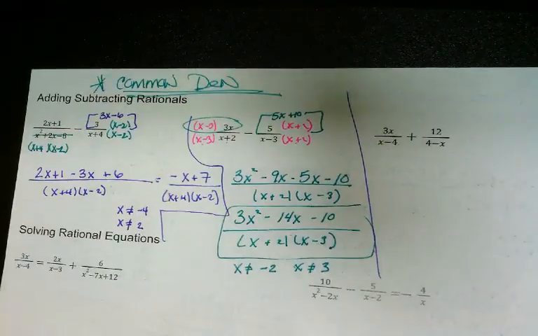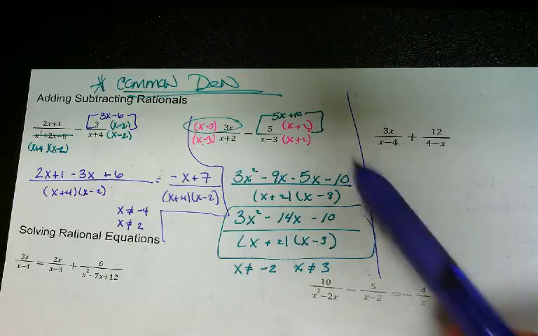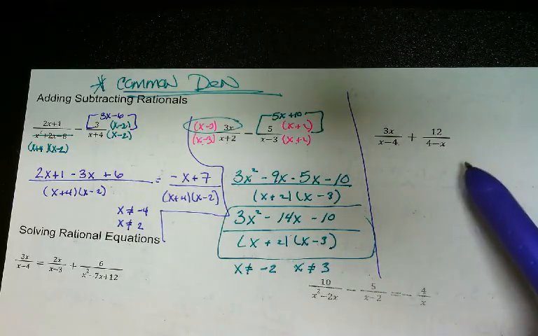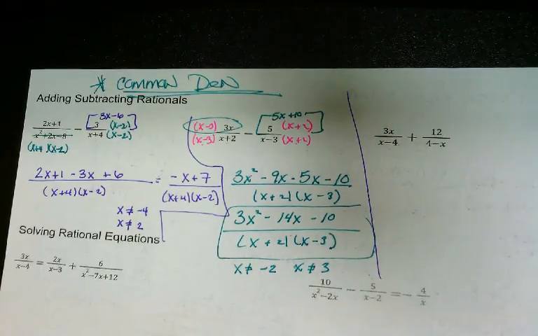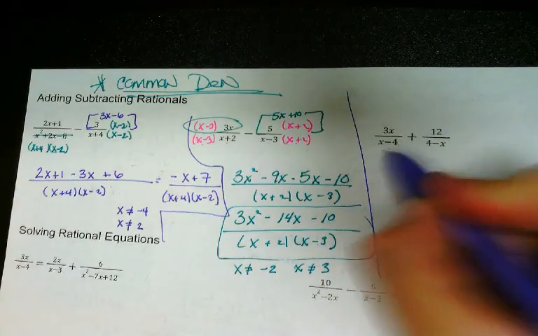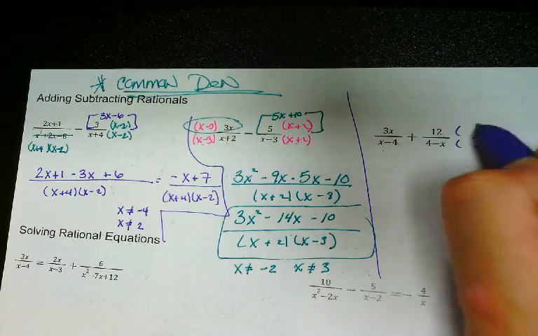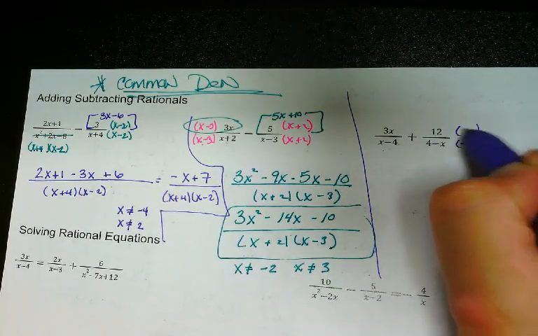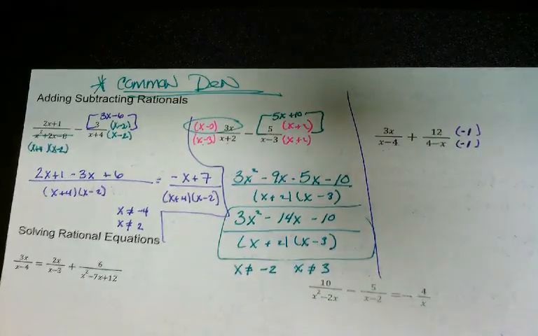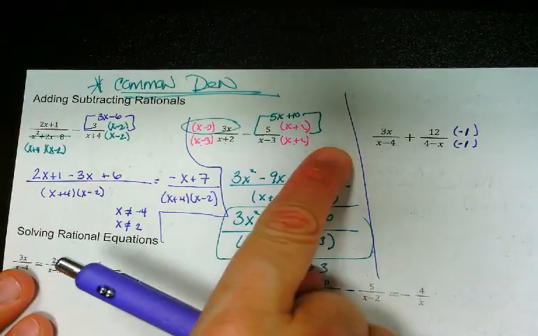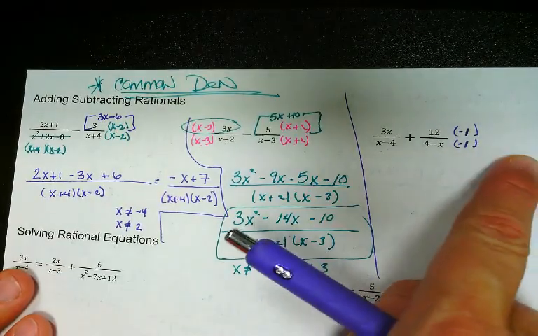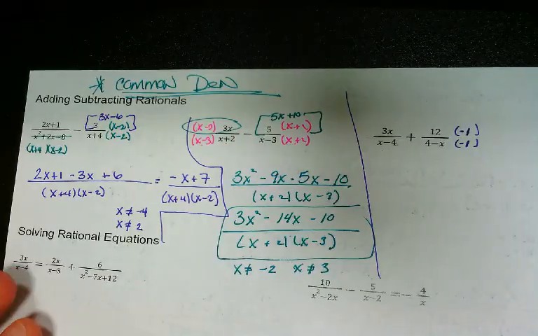All right, last one in the adding section. To make your life easier, what would you want to catch here? They're opposites. So the quick way to do this is to catch their opposites, and then I just have to multiply one of them by a -1. Now you don't, obviously you don't have to do this. You can multiply this side by 4 minus x and this side by x minus 4. This is just supposed to be a lot quicker.